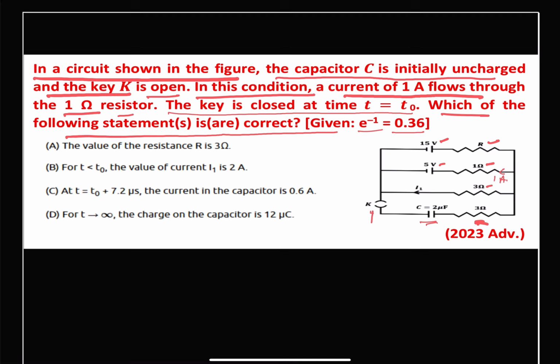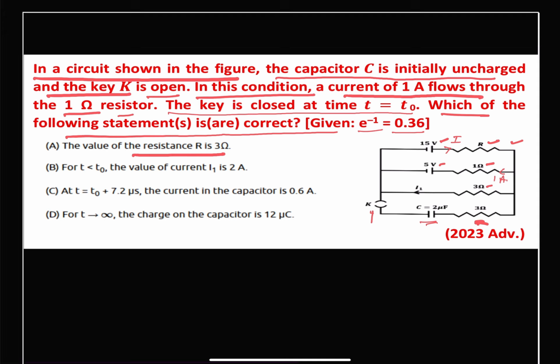It can be multi-correct. So first of all we'll try to find out the value of the resistance R, which is in the first arm. Let us assume that the current I is flowing through this R resistance, and we already know that 1 ampere current is flowing.